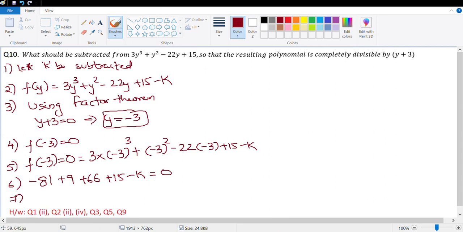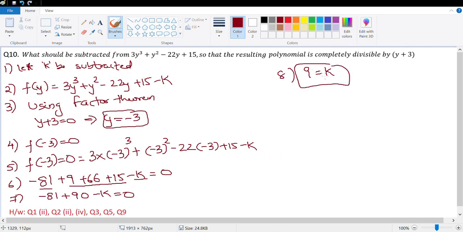If I add these terms together, that's 66 plus 15, that's 81, plus 9, 90, that's negative 81 plus 90 minus k is equal to 0, which means 9 is equal to k, which means 9 should be subtracted from the given polynomial so that the resultant polynomial has y plus 3 as a factor. Perfect. That brings me to an end of this video and this exercise.